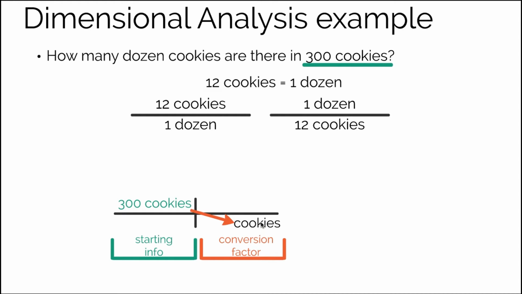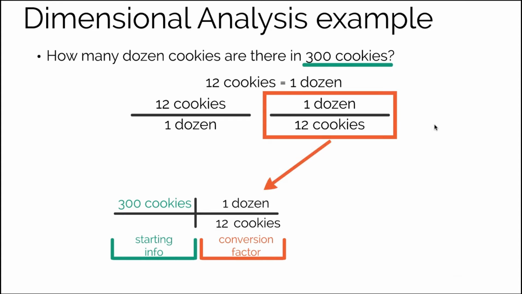So let's say I want cookies on the bottom. This has dozen. That doesn't work for me. This on the right does have cookies on the bottom. So that's the one that I want. So we'll just take this conversion factor and copy it exactly as it is onto my table. So again, I have 12 cookies on the bottom and I have 1 dozen set up on the left.